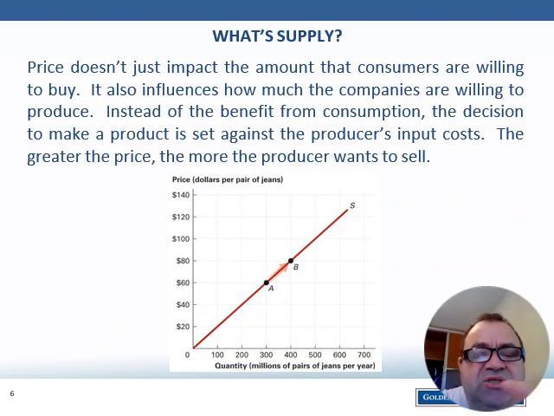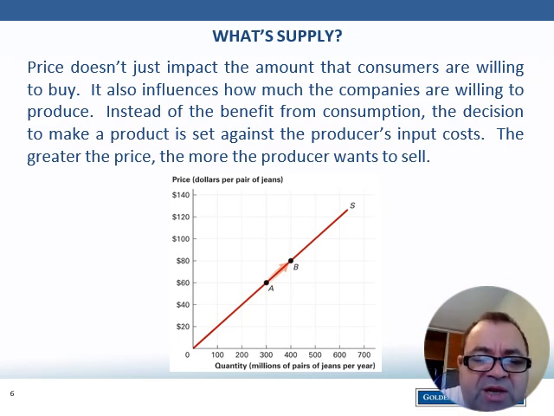Supply. Price doesn't just impact the demand. It also impacts the willingness to produce from producers, from suppliers. As you can see, the supply curve is upward sloping, which means that the more prices go up, the more willingness there is for suppliers to produce more, or there will be more suppliers in that given market, which also increases the quantity.